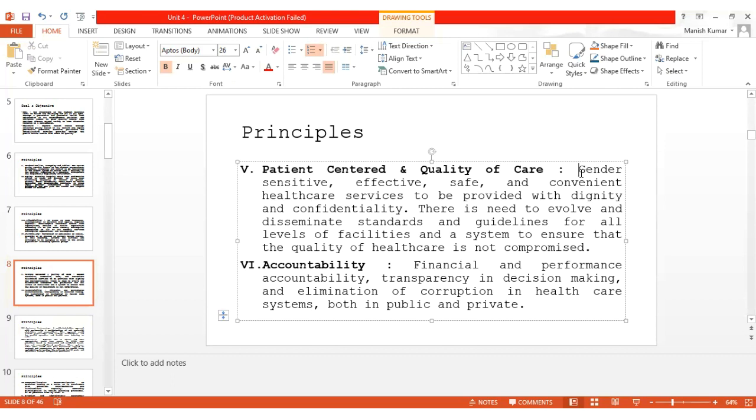There is something called SNCU, Sick and Neonatal Care Unit, where newborn infants with certain disease conditions are admitted. There is a consultant pediatric doctor who is not a full-time pediatric doctor hired by the government. They come on a consultancy basis and visit those health facilities.